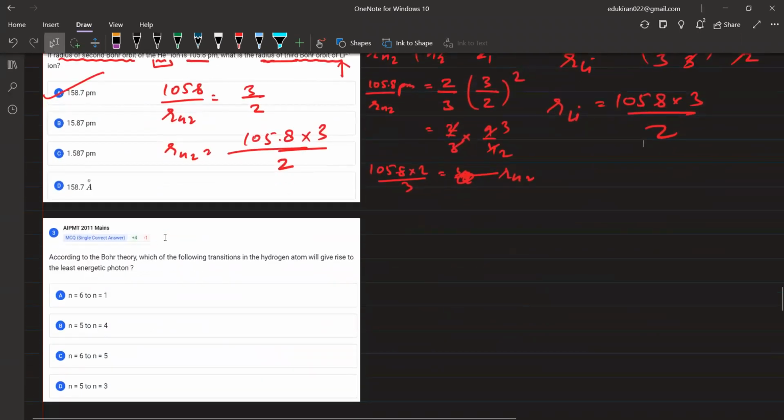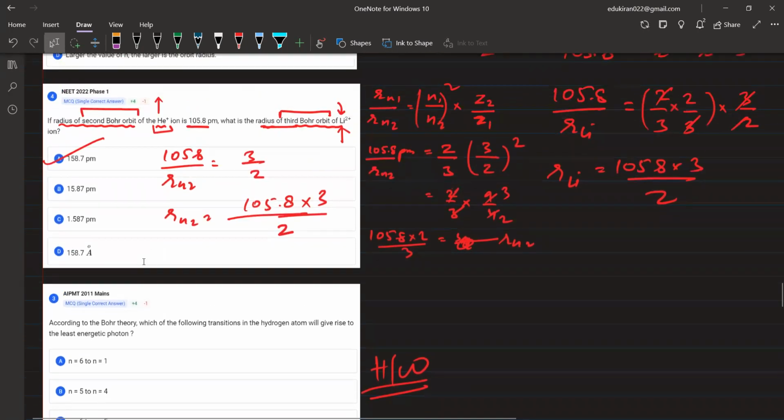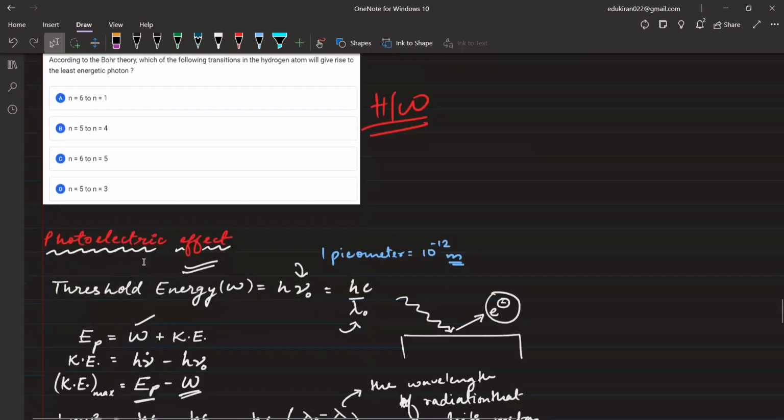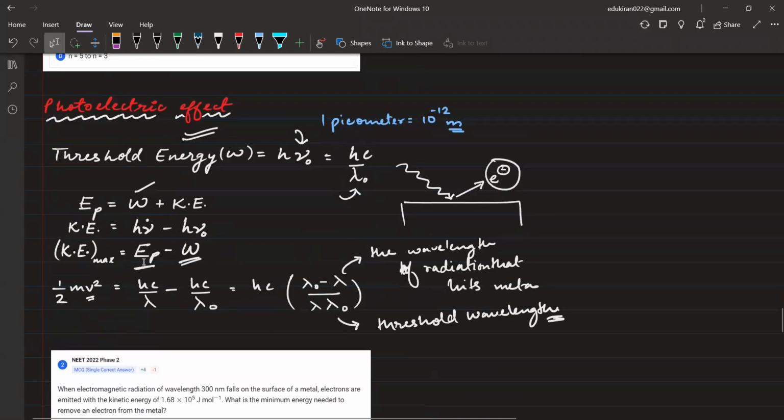Right, next question. इसको होमवर्क ले लीजिए. Moving on, photoelectric effect.